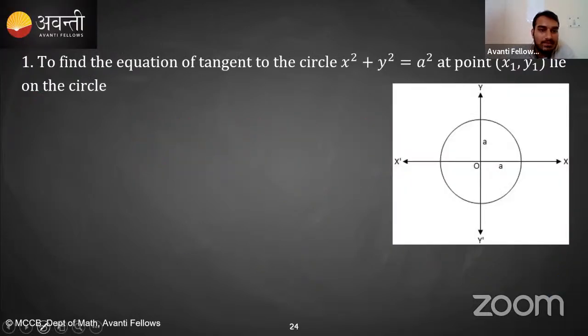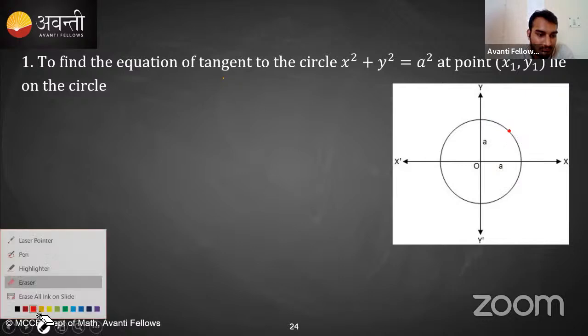The first is to find the equation of tangent to the circle x square plus y square is equal to a square at point x1 comma y1 on the circle. Let's say this is some point P, and there is a tangent at this point. Let me draw again.